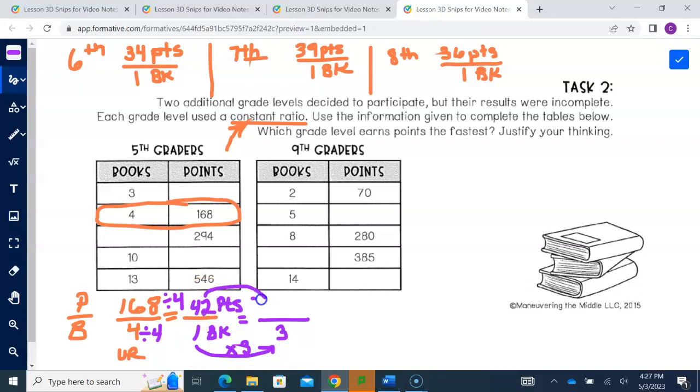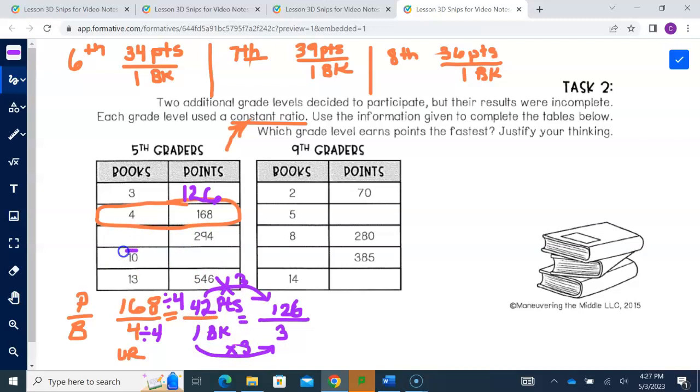Which means what we do to the top to create that constant ratio, or that consistent equivalent fraction, is multiply 42 times 3, and we would get 126. So we're just going to fill that table in using our given ratio. The unit rate is super easy to use because it's very easy to see what to multiply by here.